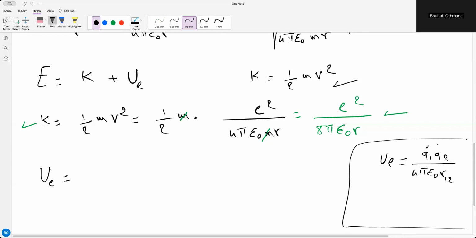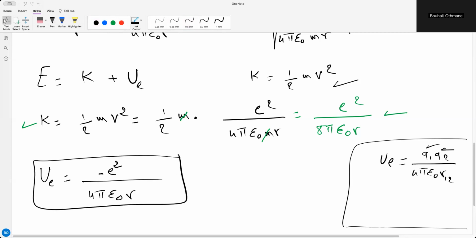So here we are talking about the value of the charge. We know that the electron has a negative charge, which is minus e, and the proton, the positive charge, is e, so it is minus e squared divided by 4 pi epsilon 0 R. This is the potential energy.